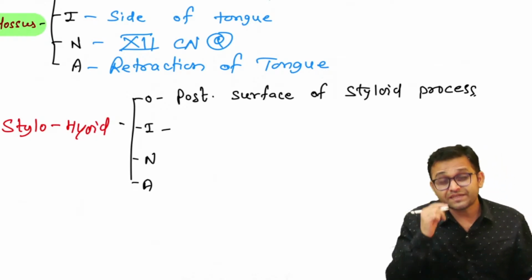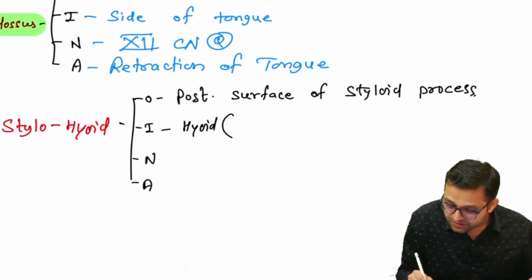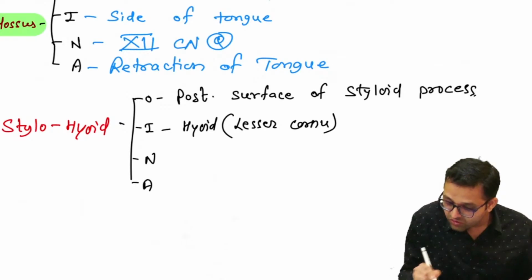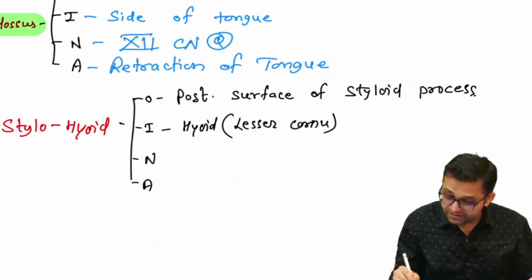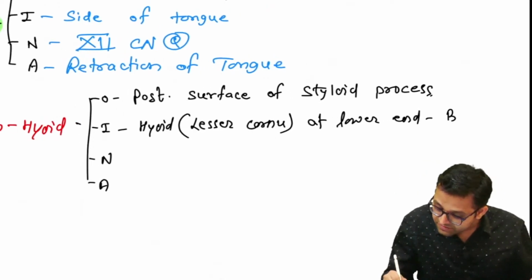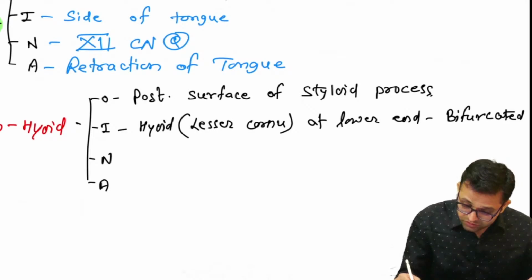It gets insertion into the hyoid, or more precisely, near the lesser cornu. And at the lower end it is bifurcated. Fine, correct, sir.